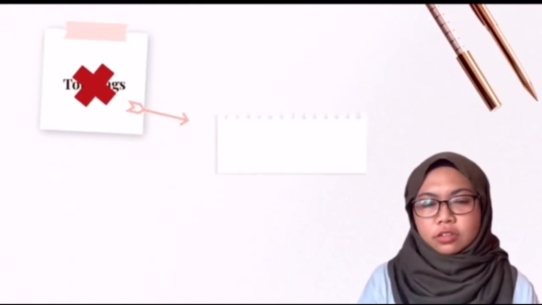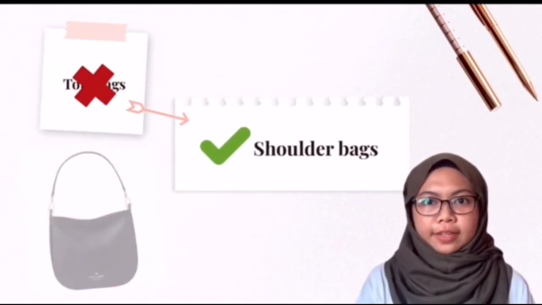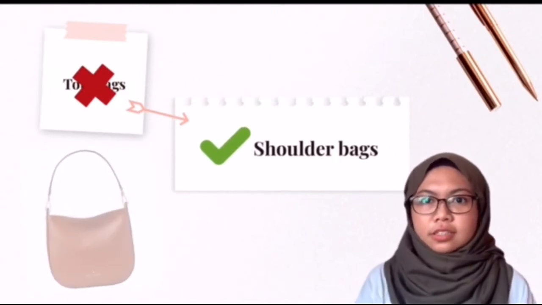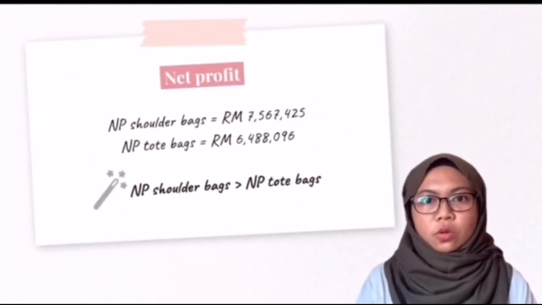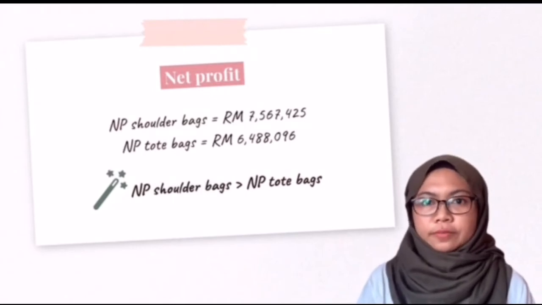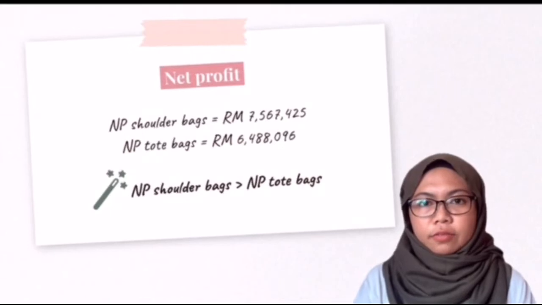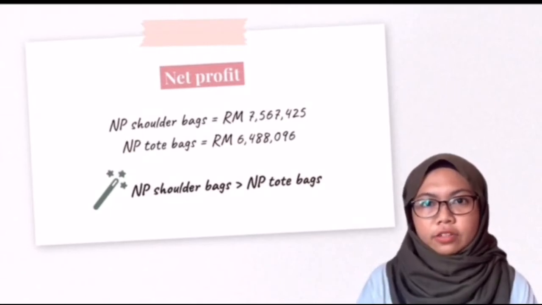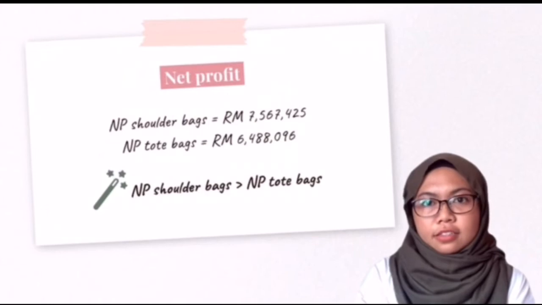Instead of focusing on the tote bags, Case Paid should be focusing on the shoulder bags. This is because the net profit for the shoulder bags is higher than the tote bags, which has been calculated in the previous requirement. The net profit for the shoulder bags is 7,567,435 ringgit, while the net profit for the tote bags is 6,488,096 ringgit.